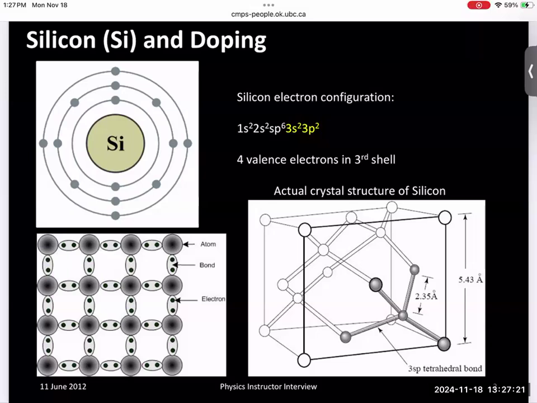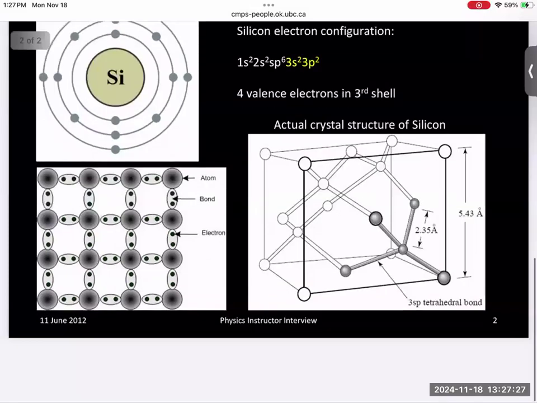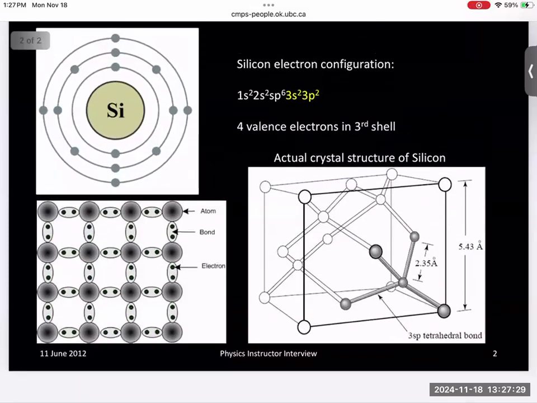And if you break any one of these bonds, you get a mobile electron and a mobile hole. Okay, so there's the more realistic picture of what a silicon atom looks like, but we'll stick with this 2D representation because it's easier to draw and visualize.